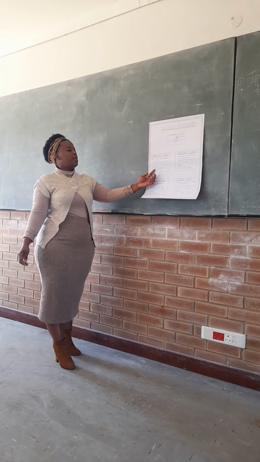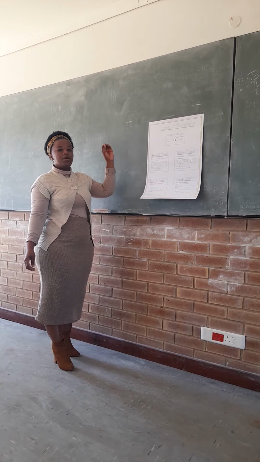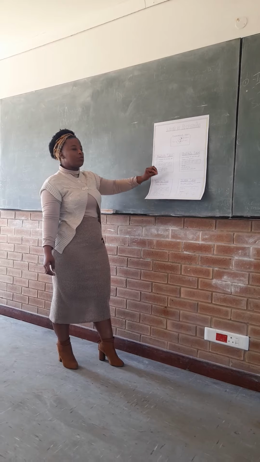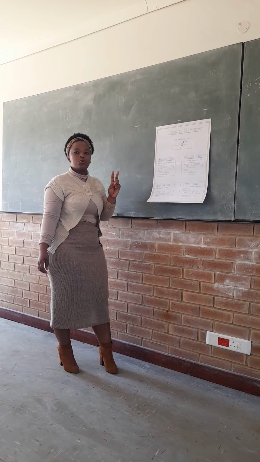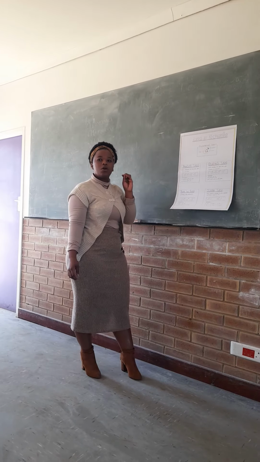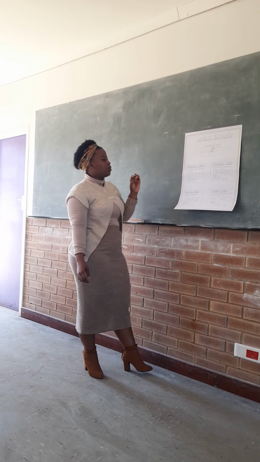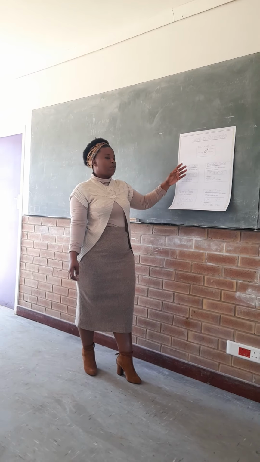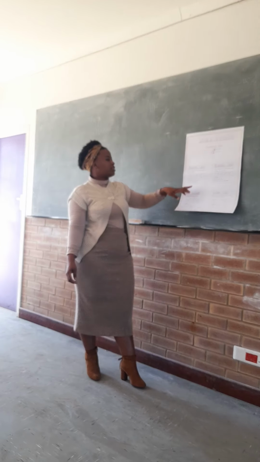When we multiply the same base, we add our exponents. So we're going to say 2 to the exponent of 2 plus 2, which is going to give us 2 to the exponent of 4. And 2 to the exponent of 4 is equal to 16.